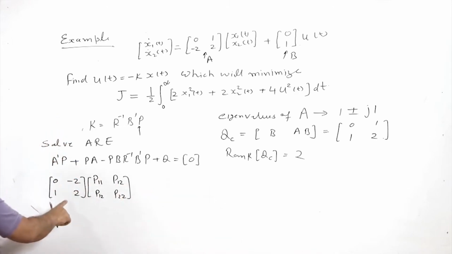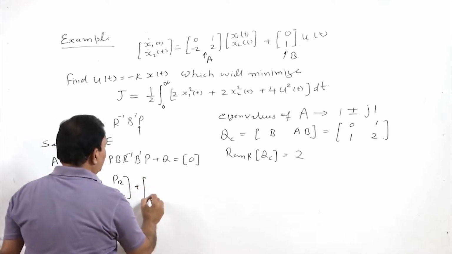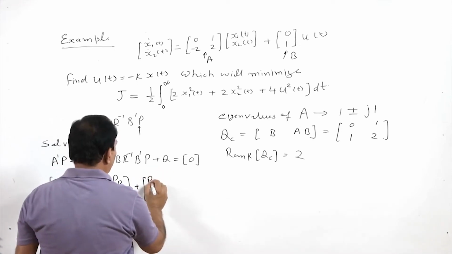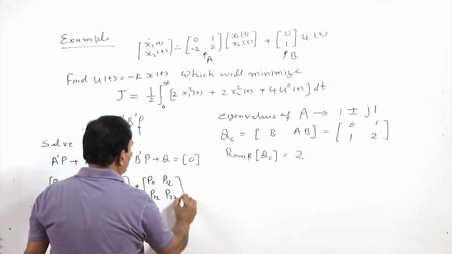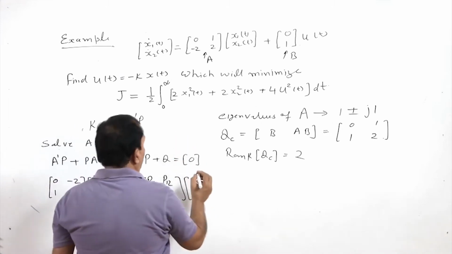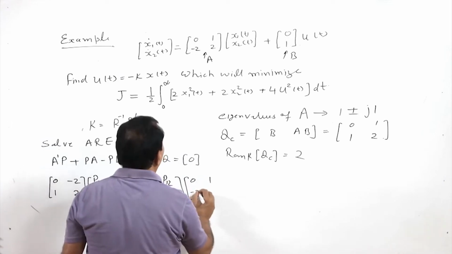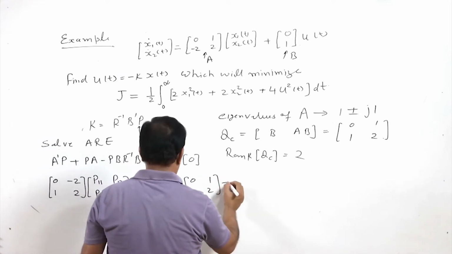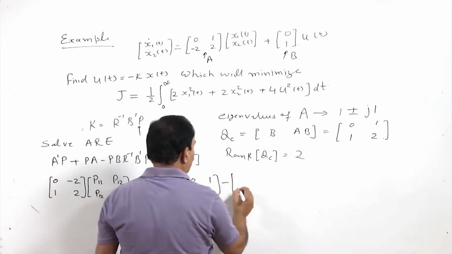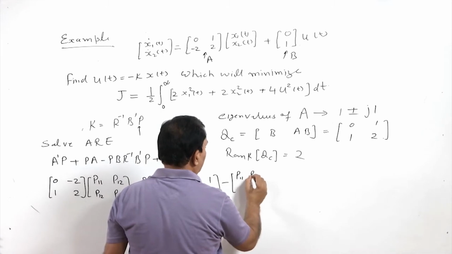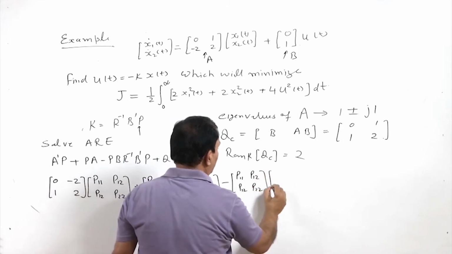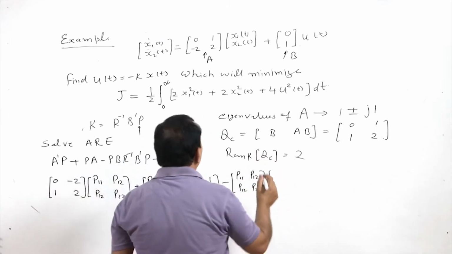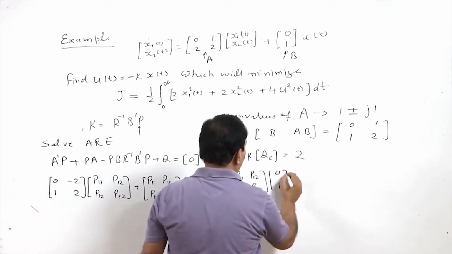So, this is my first A transpose P plus PA, with P as P11, P12, P12, P22 and A as 0, 1, -2, 2, minus P B R inverse B prime P. B is 0, 1.